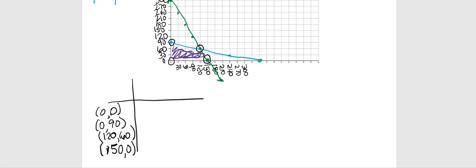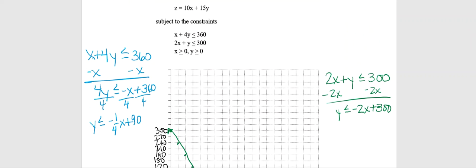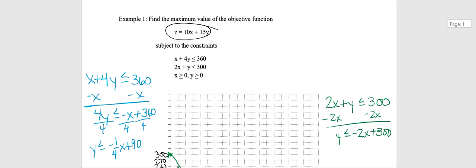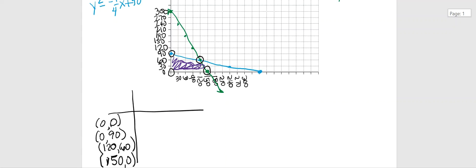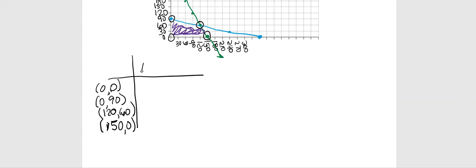Now what we're going to do is take those points that we have found and plug them into our objective function. Before I scroll back down, I'm going to look to see, so we're finding the maximum, or the highest value possible. So 10x plus 15y, we're going to plug those numbers in.